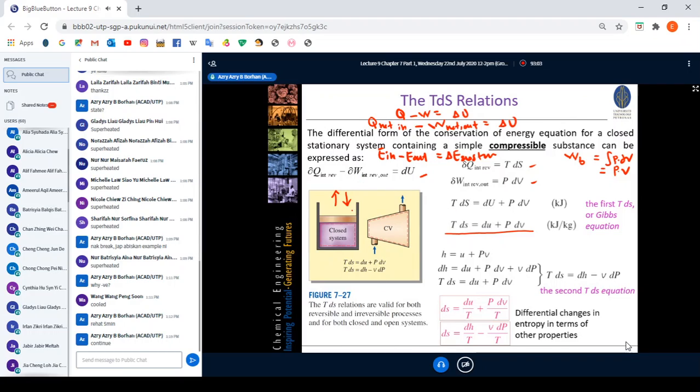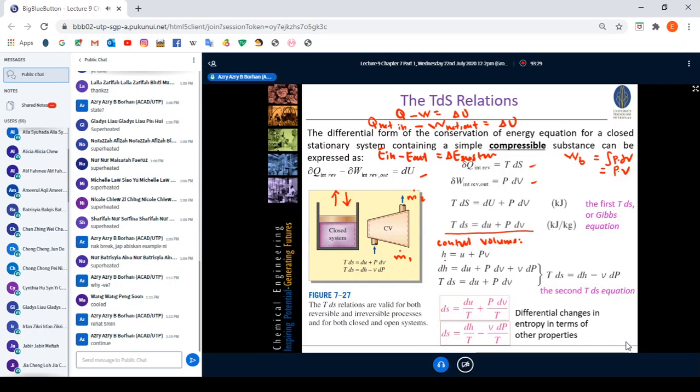Now, this is from a closed system. When you have an open system or control volume, you have extra heat transfer by mass flow rate, M1 or simply generalized as M dot, flowing in and out of the system.